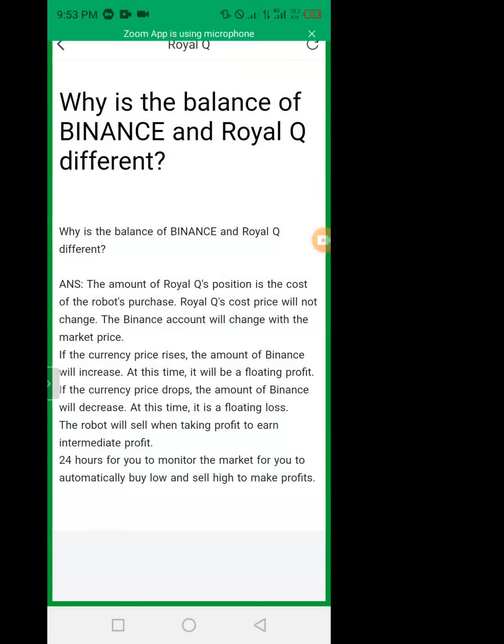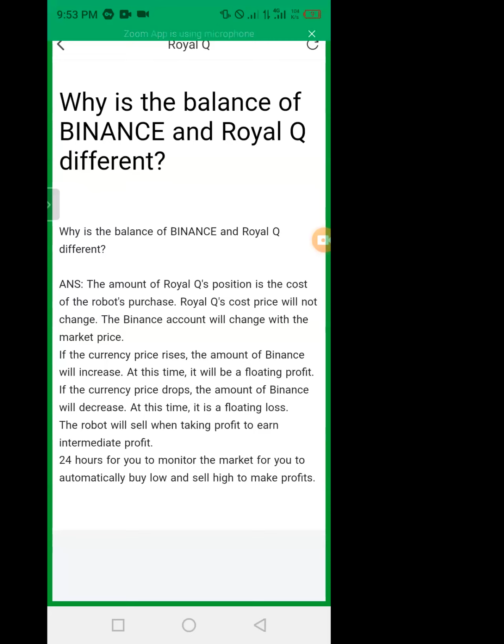If the currency prices rise, the amount of balance in Binance will increase. At this time, it will be a floating profit. If the currency price drops, the amount of balance in Binance will decrease. At this time, it is a floating loss. The robot will sell when taking profit to earn immediate profit.